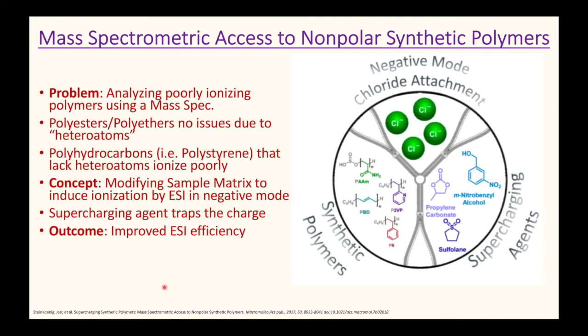So to conclude from this study, the authors applied supercharging agents by chlorine attachment to perform their negative mode ionization. And what they found is that by incorporating supercharging agents into the solvent matrix, the ESI efficiency improved and was able to ionize the polymers that were basically currently inaccessible to ESI MS.